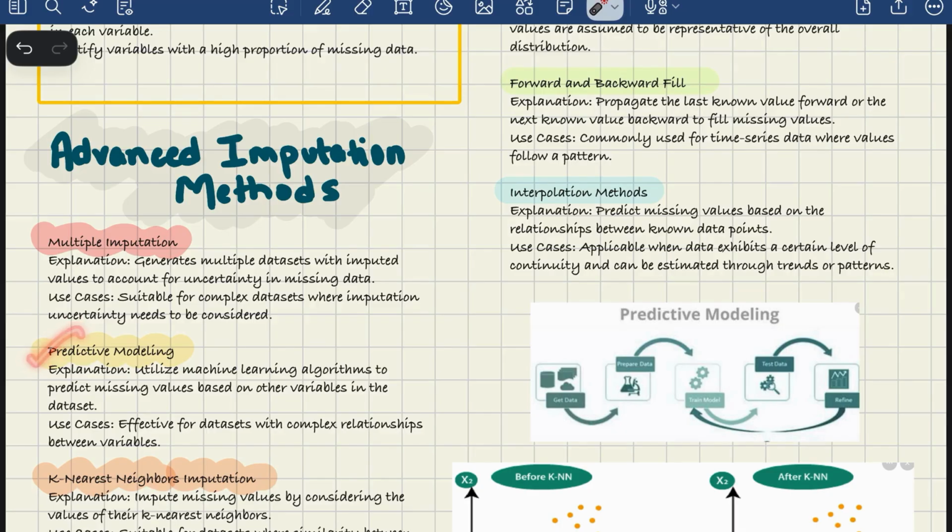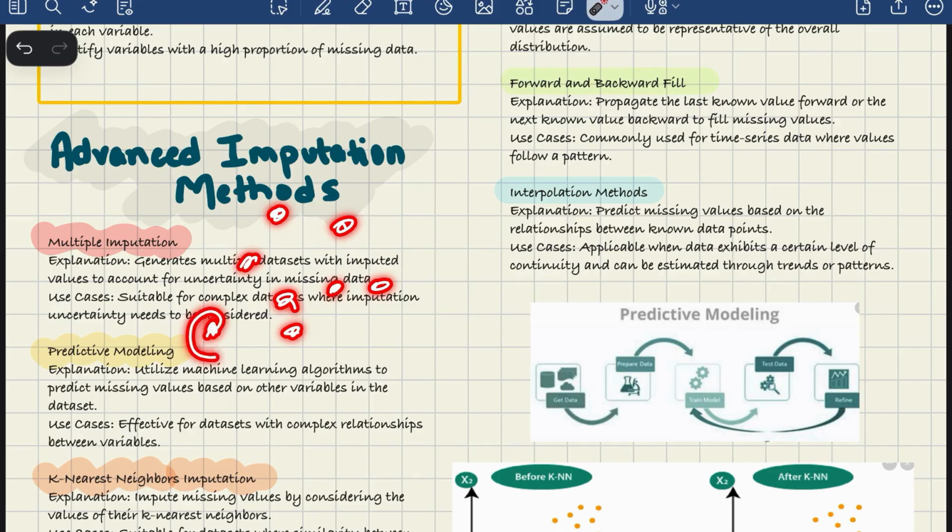Then we have predictive modeling, where we use machine learning algorithms to predict the missing values based on other variables in the data set. We can also use k-nearest neighbor imputation, in which we impute values by considering the values of the nearest neighbors. So for example, there are multiple data points, right?